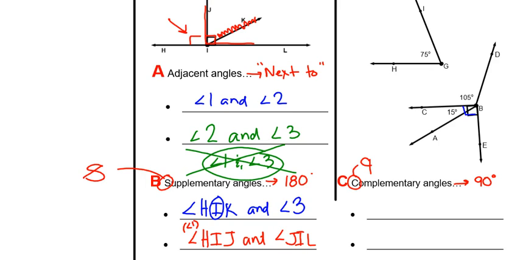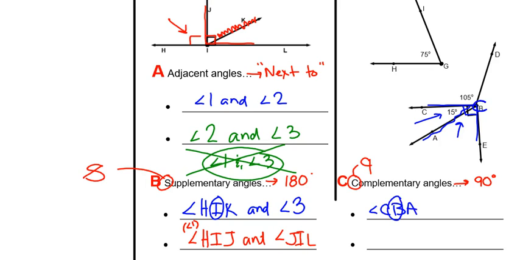Again, we have the box right here, and that looks like a 90-degree angle, CBE, but it's not complementary because complementary has to be two angles. So this line right here is what divides it. We can name those two adjacent angles as our complementary angles. We would call that angle CBA.